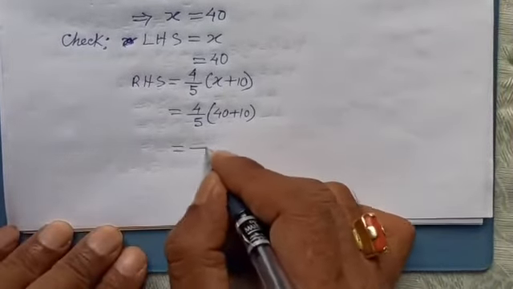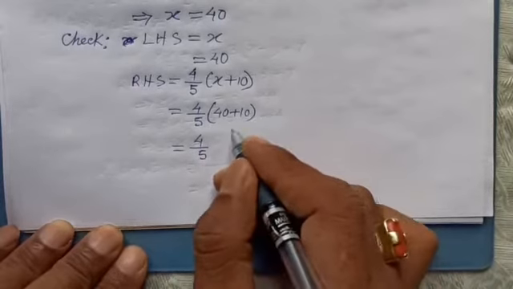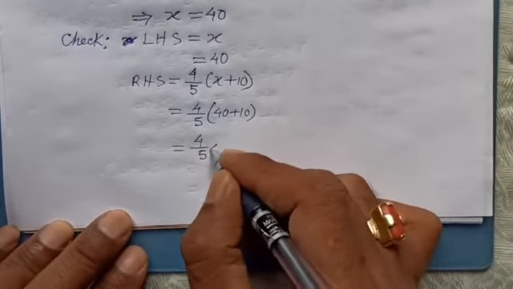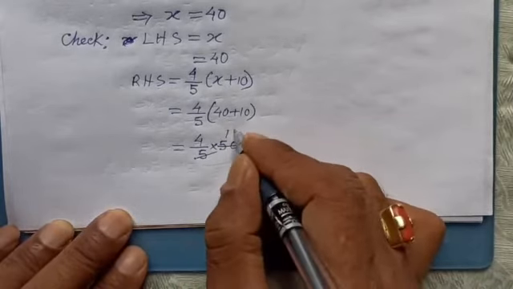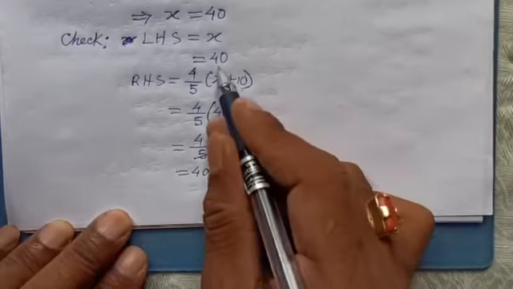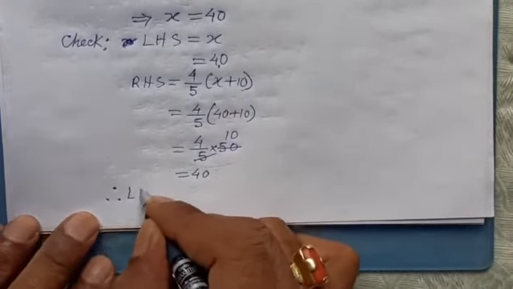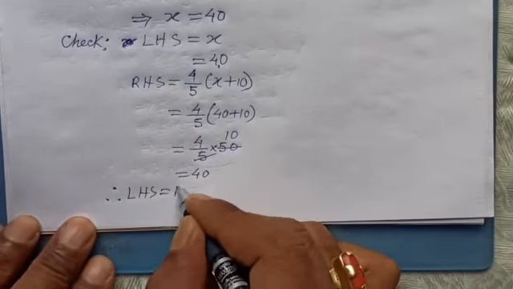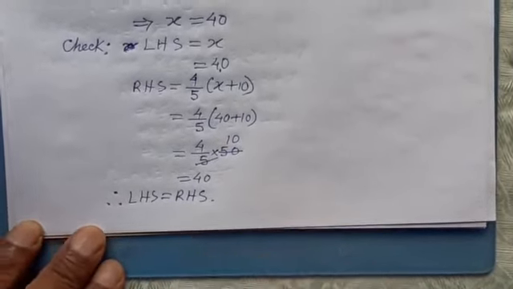We have to finish this bracket first. 40 plus 10 is 50, so we are getting 50. 50 divided by 5, that is 10 times. 4 into 10 is 40. So left hand side is 40, right side is also 40, and they are equal. Therefore left hand side is equal to right hand side. I think you can understand that.